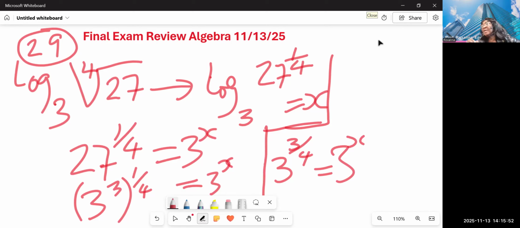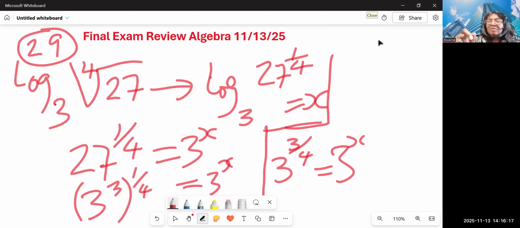You see, now I have succeeded, not just me, we have succeeded in raising both of them to a power but the same base. And if I can change the bases to be the same, the exponents are equal.